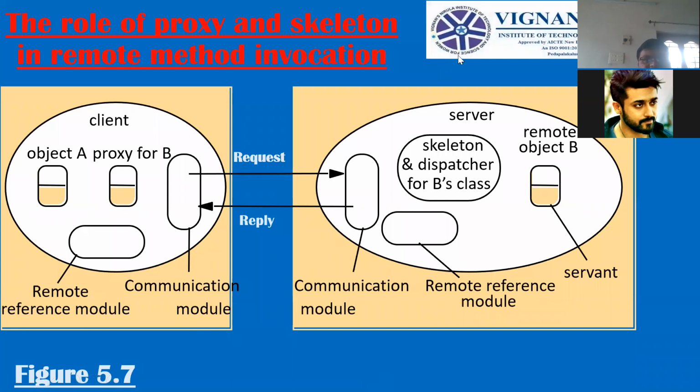Next, what are server threads? With this, we will wind up and discuss the rest in the next class. Why is threading required in the server? A server generally allocates a separate thread for execution of each remote invocation.